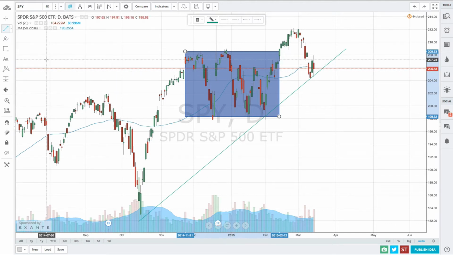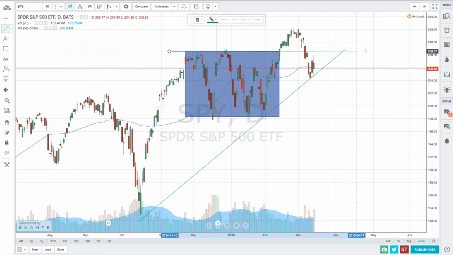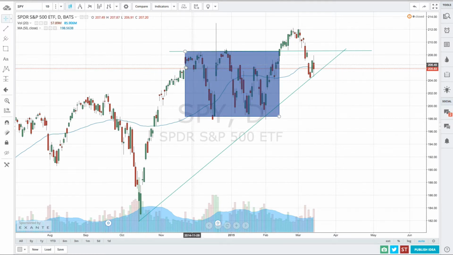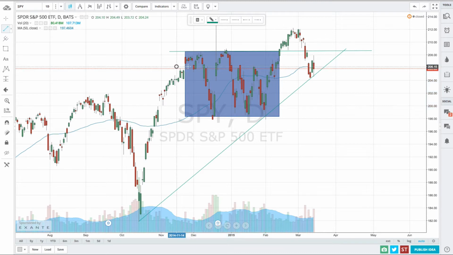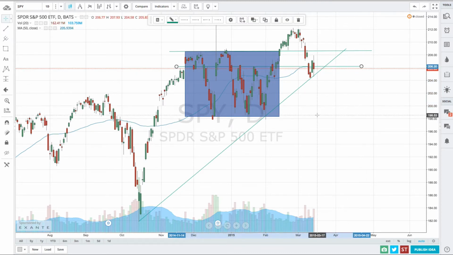If we were going to test, we would have loved to see the test stop either in this range here at 208 or this area right around 206.20. Neither of them really held, but you could see how we did bounce back above that on Thursday.